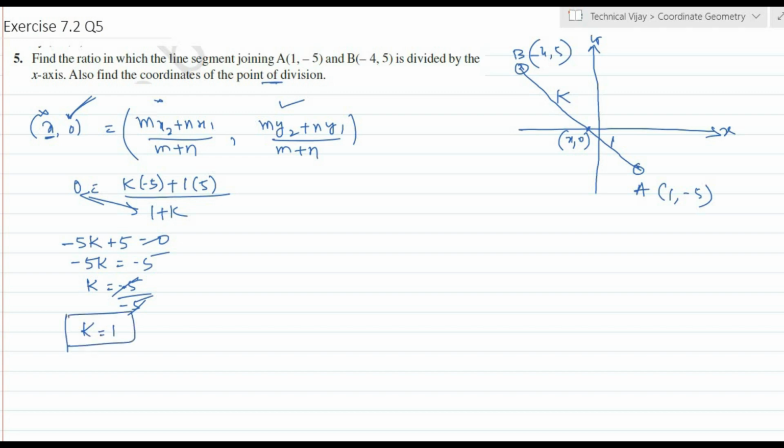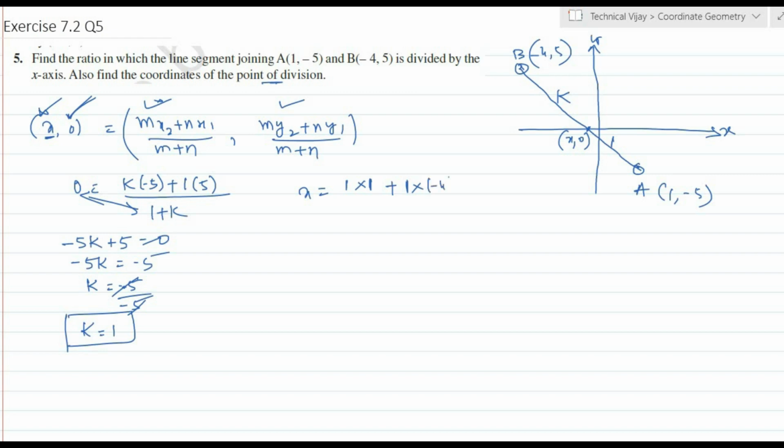So now we can consider the x coordinates. So x is equal to m means k, the value 1 we got, into x2, x2 means 1. Okay, 1 into 1, plus n means 1 into x1, x1 is -4 here.